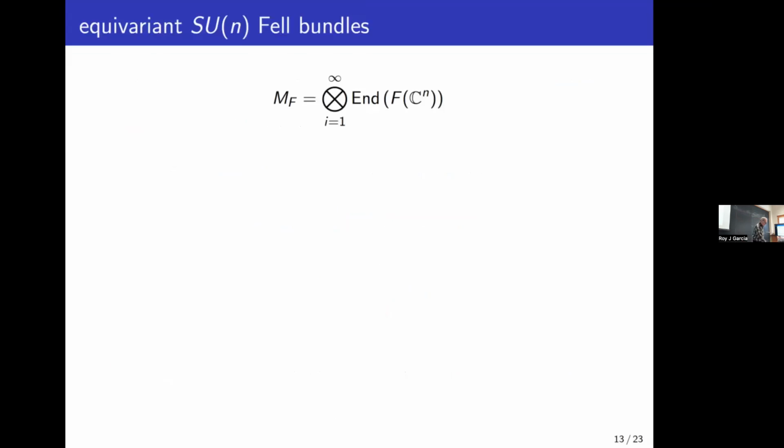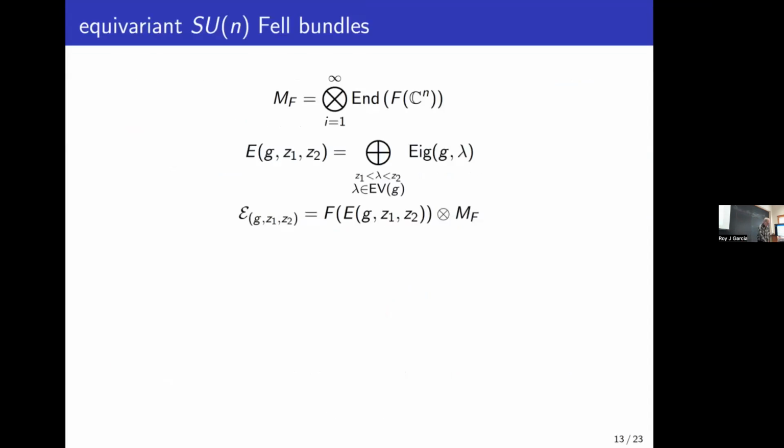So we want to look at bundles of these UHF algebras. These are infinite tensor products of certain matrix algebras. And I have to say what lives over this point of the group point.